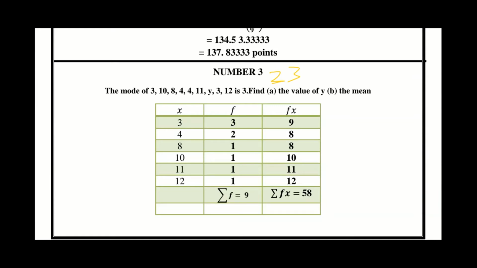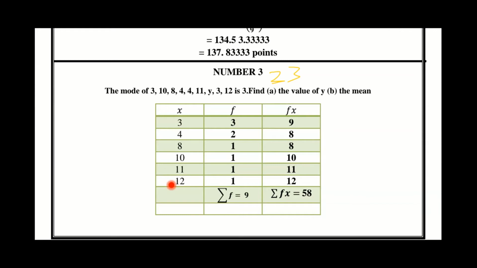So we have 3 with a frequency of 2, 10 with a frequency of 1, 8 with a frequency of 1, 4 with a frequency of 2, 11 with a frequency of 1, and 12 with a frequency of 1. So 4 has frequency 2 and 3 has frequency 2, and we have a missing value y.